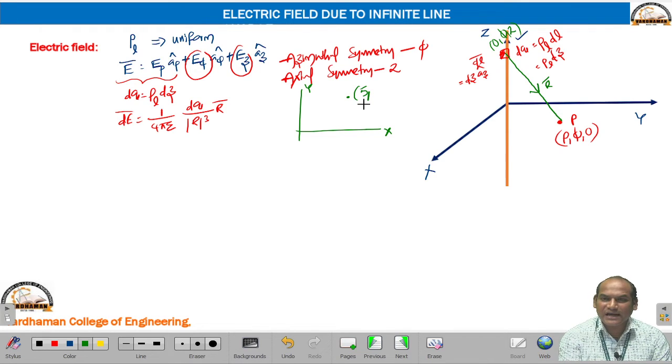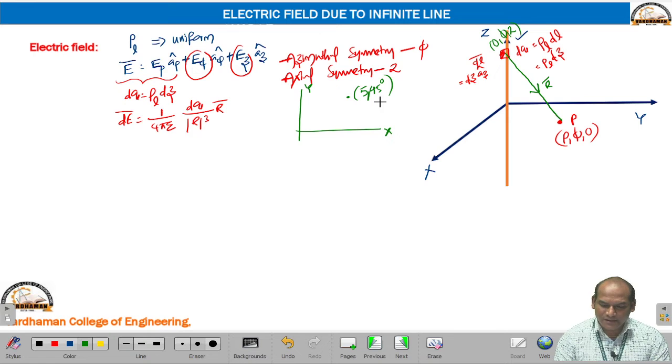Each and every point on a surface can be represented with a rho value and a phi value using polar coordinates. So a point with rho comma 45 degrees is represented using two-dimensional polar coordinates.